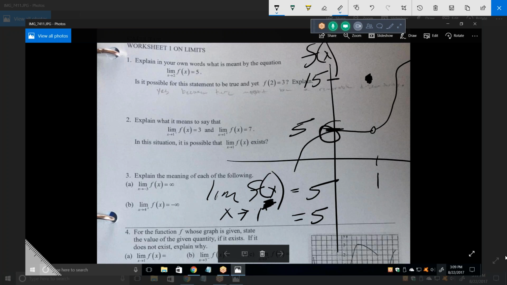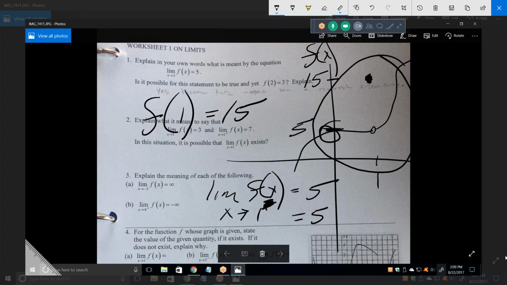Yes, it's not 15. However, f of 1 is 15. This is that very unusual situation where the limit as x approaches 1 is not equal to f of 1.